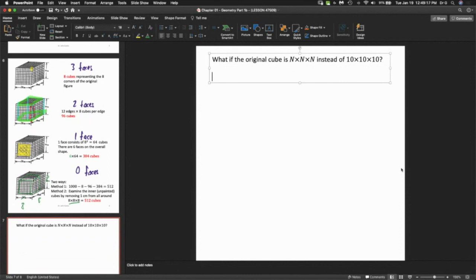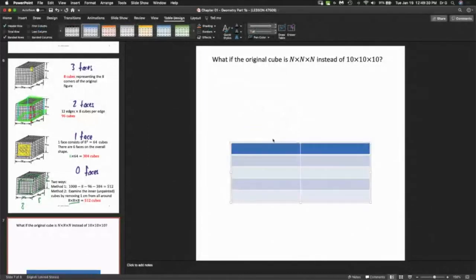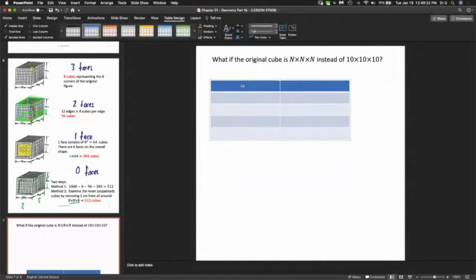But I am going to show you how I would do it. I'll make a little table here, and I'll say number of faces painted, and then number of cubes.